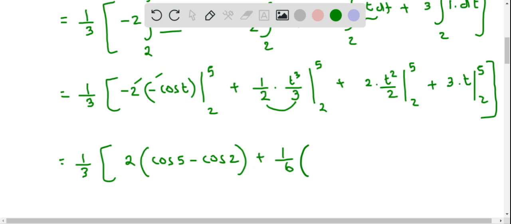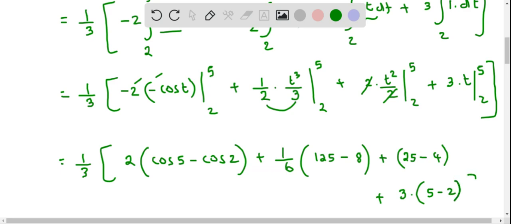We then replace the upper limit 5, which is 5 cubed. 5 cubed is 125 minus, then replacing the lower limit 2, it will become 2 cubed, which is 8. And then we see that these two numbers get cancelled. Here we have t squared. So if we apply the upper limit 5, this will become 25 minus 2 squared is 4, plus finally we have 3 times, apply the upper limit 5 minus the lower limit, which is 2.